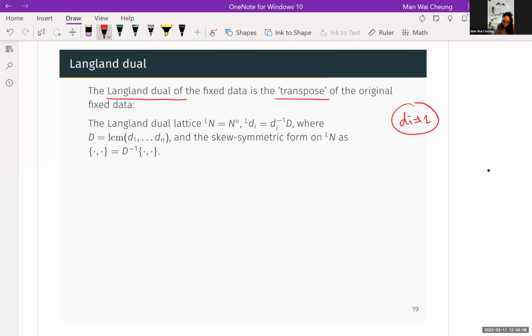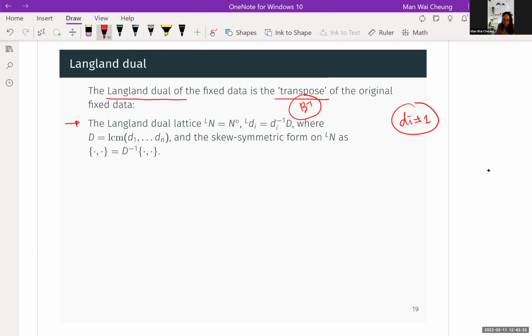But anyway, here we look at the transpose of the original skew-symmetrizable matrix, and then the same story goes. We can still define a lattice, and then we can still define all the bases and everything. So here is how we can interpret that in terms of the fixed data and seed data language.